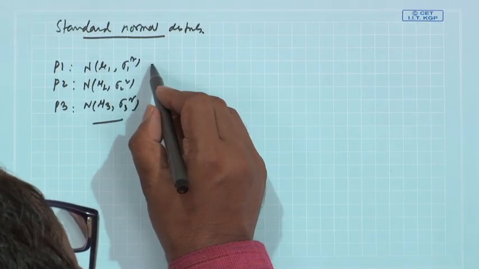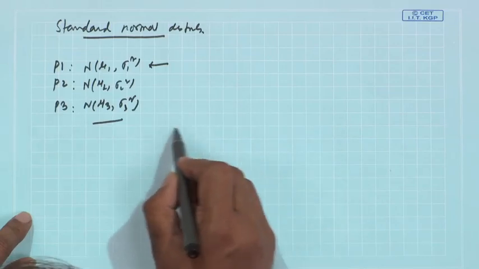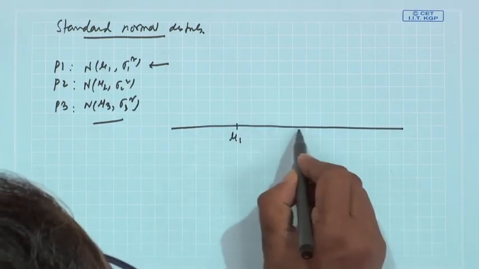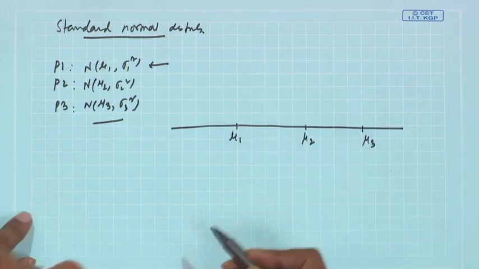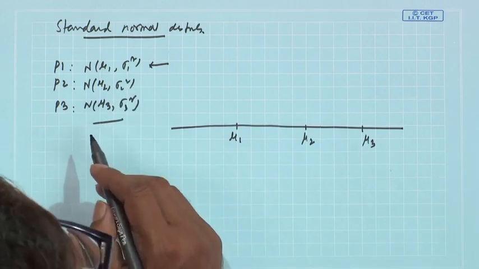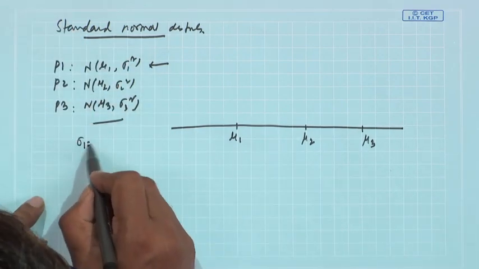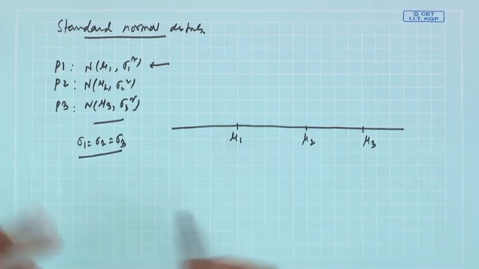So, if I draw, I will draw like this. Maybe this is my mu 1, this is my mu 2, and this may be mu 3, and suppose sigma 1 equal to sigma 2 equal to sigma 3, it may not be, but let it be.